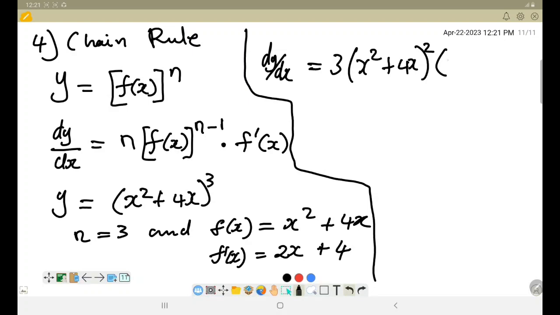We've already differentiated. It's equal to 2x plus 4. So if you leave it like this, it's good enough. Of course, you can factorize if you want to, because here you have x squared and 4x, and that side you have 2x plus 4.